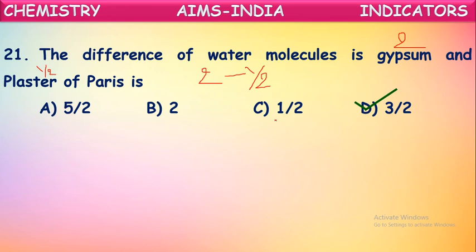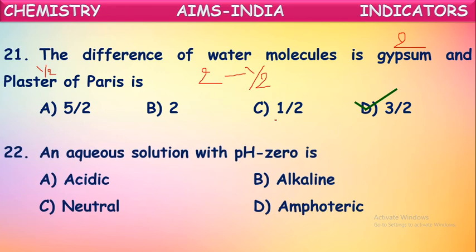Okay. Next. An aqueous solution with pH 0. What is the nature of the solution with pH value 0? The solutions with pH value 0 are said to be acidic substances. The pH range from 0 to 7 are acids, and the pH range from 7 to 14 are bases.